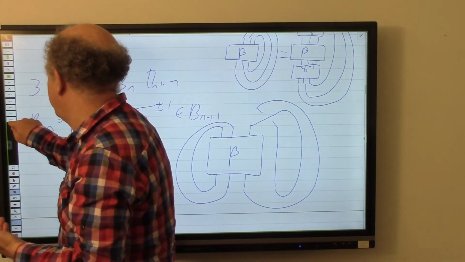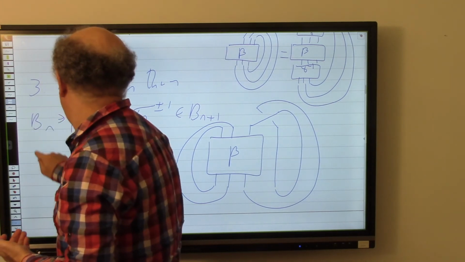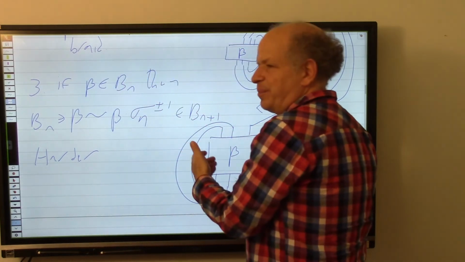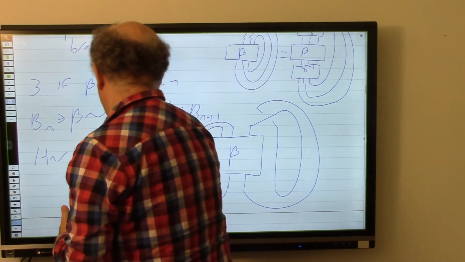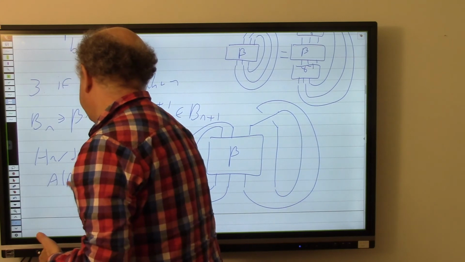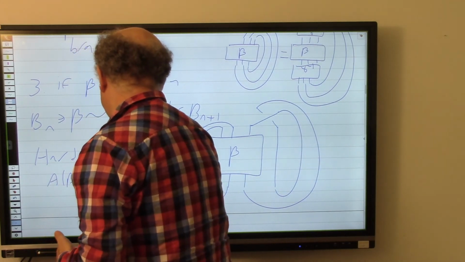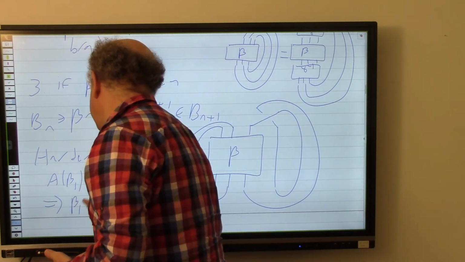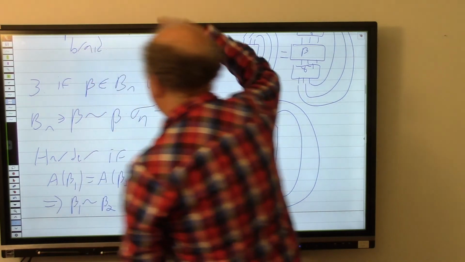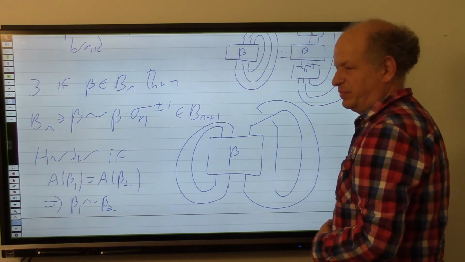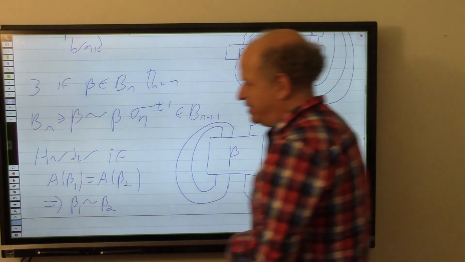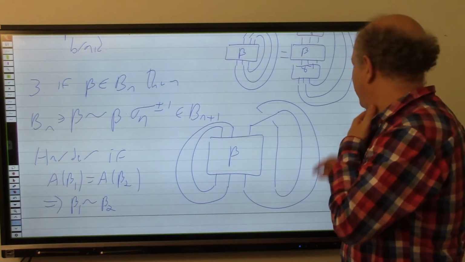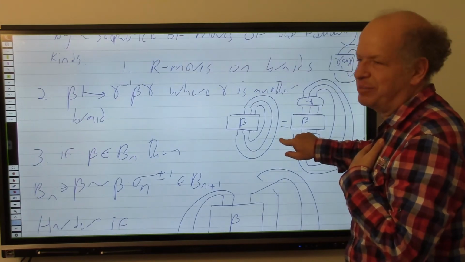The easy part I've shown, but it's harder to show that if A of beta 1 is equal to A of beta 2, then beta 1 is equivalent to beta 2 modulo these relations. Okay? It's actually not so hard, and I'm debating whether it's an appropriate homework assignment or not.